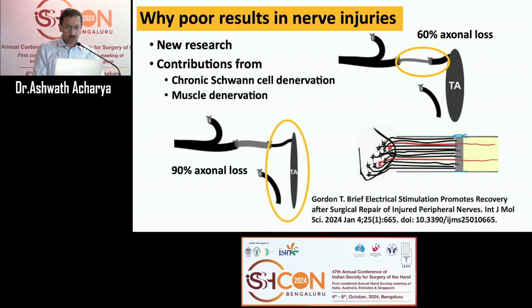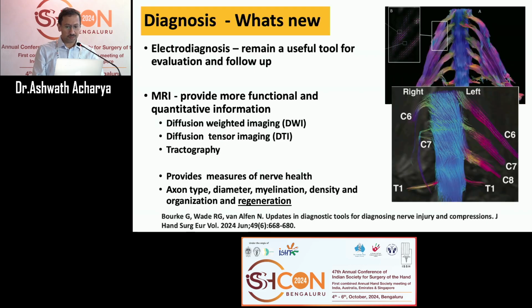And of course, added to that, the denervation of the muscle also has a contribution. So you have all the three together. Ultimately, the axons which reach due to delay are hardly around 10%. So there's a lot of research going on to improve that function.